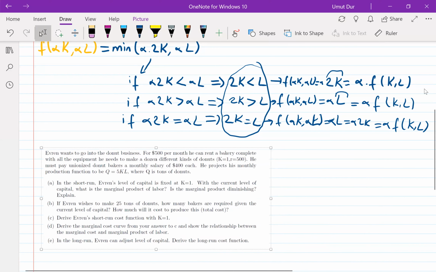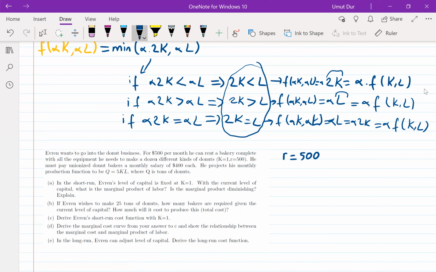We have Evren here, and he wants a donut business, and the rent here is $5,500. It's the bakery shop, and he must pay unionized donut bakers a monthly salary of $400. The wage is $400. He projects his monthly production function to be F(K,L) equal to 5KL, and here Q is the tons of donuts.